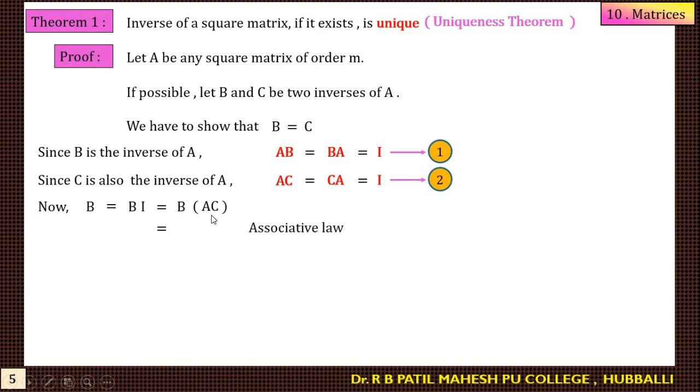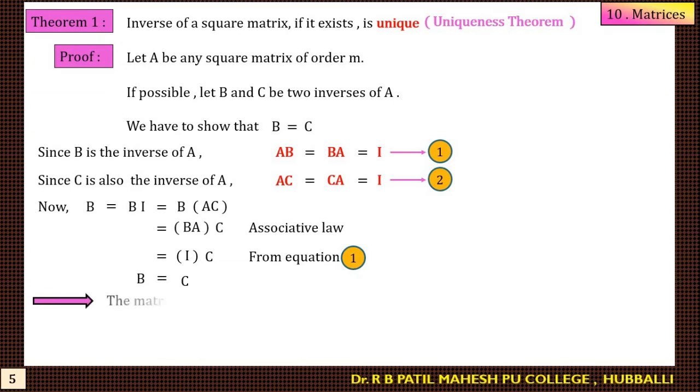Now by associative law we can interchange the bracket because multiplication holds associative law. It is BA into C. Now BA, from equation 1, is identity. So it is I into C. Now we know that I into C is C only. Therefore what we got here, B equal to C.